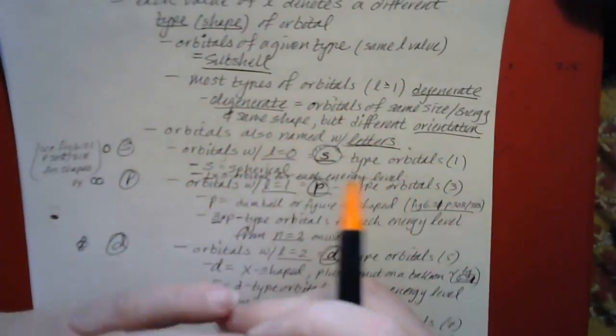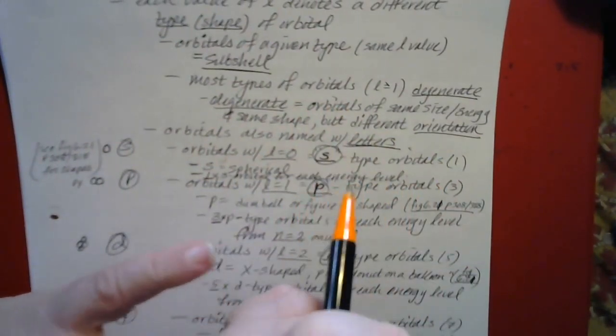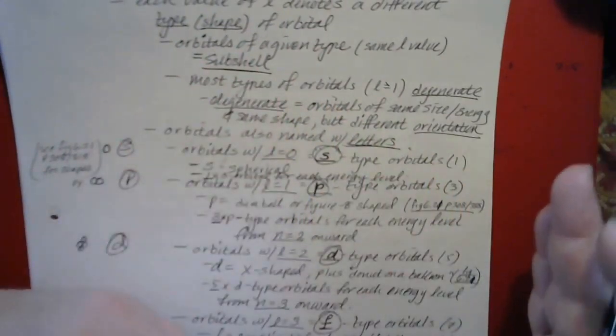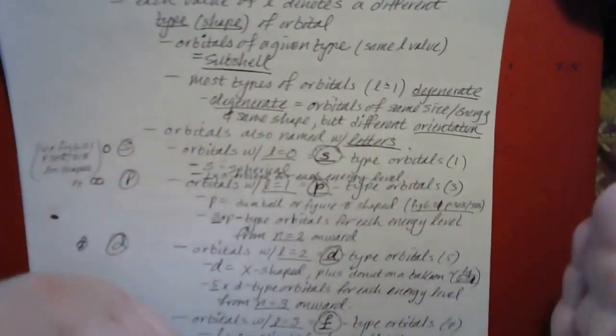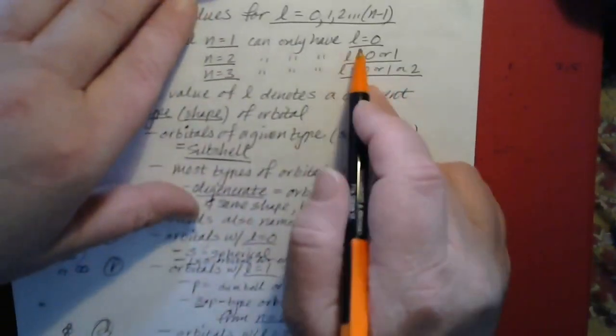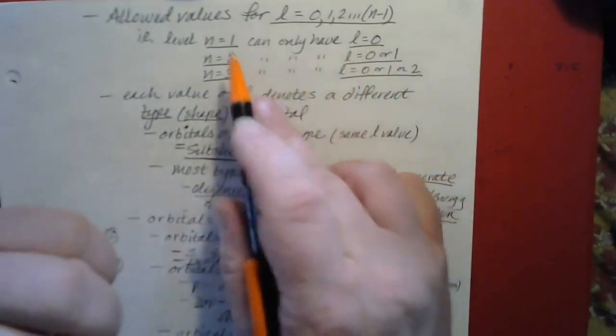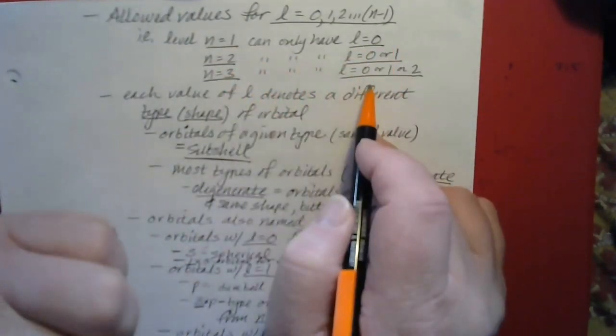All right. Most types of orbitals, as it turns out, are present in multiple examples within any given principal energy level. So for instance, if L equals 0, there's only one of those in each principal energy level.